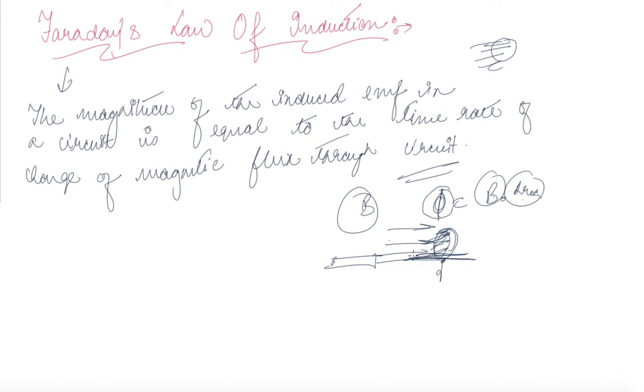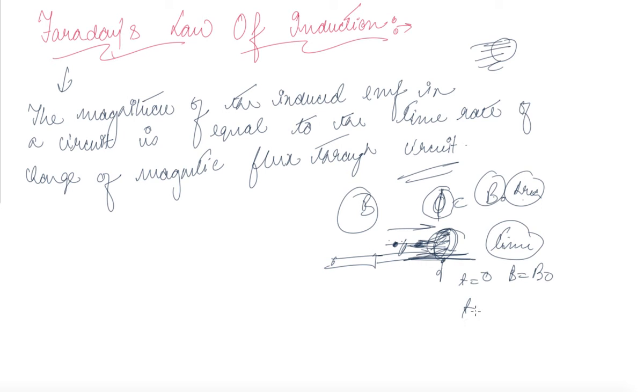If I'm moving this up and down, we can see that there's a change in magnetic field. The magnetic field over here is different from the magnetic field which is over here. So if you move this object, there is a change in magnetic field with respect to time. At time t equals 0, I have my magnetic field to be, say, B naught.